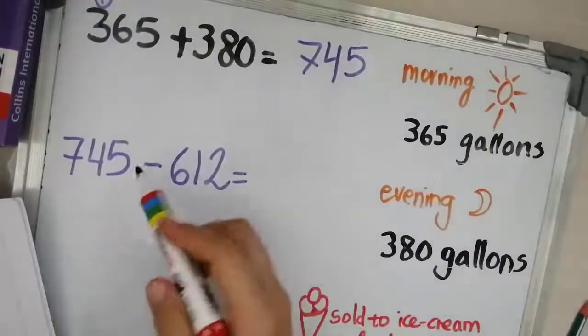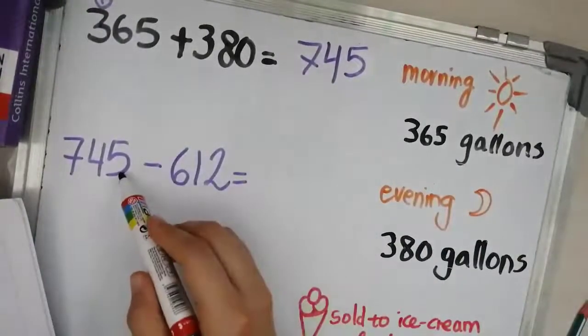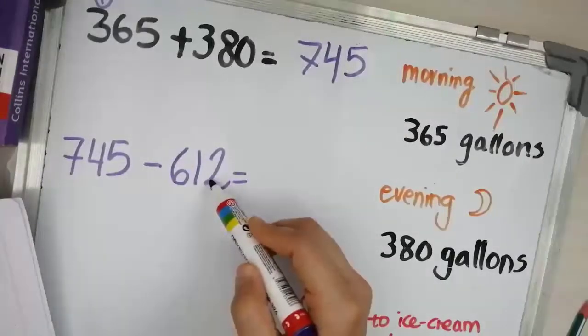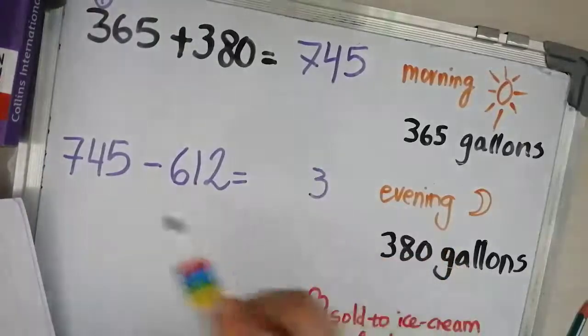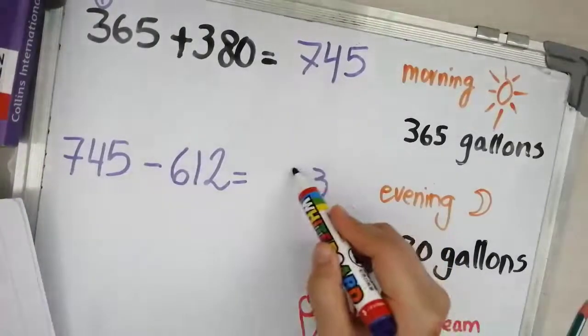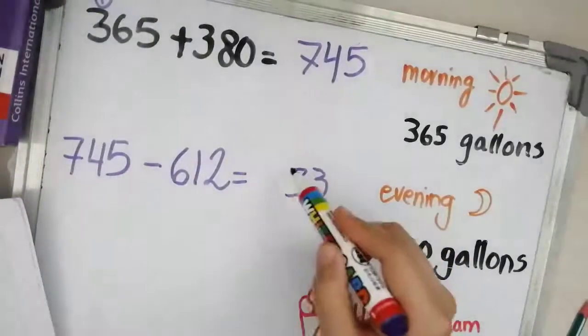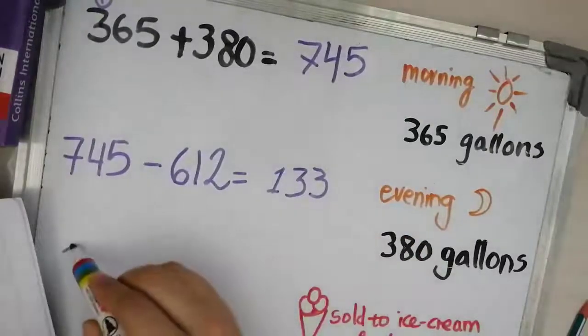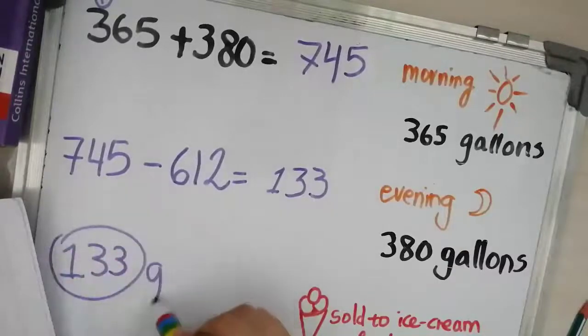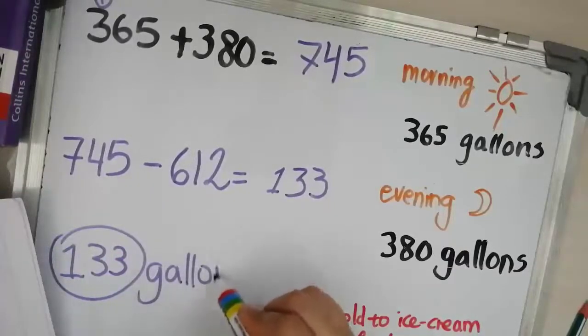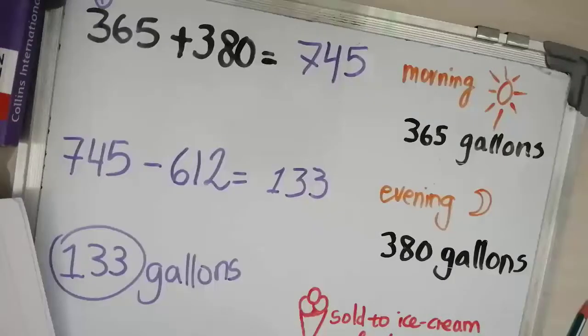I can subtract either vertically or horizontally. 5 minus 2 is 3. 4 minus 1 is 3. 7 minus 6 is 1. So the answer is 133 gallons left for Aunt Nuria, after she sold 612 gallons to the ice cream factory.